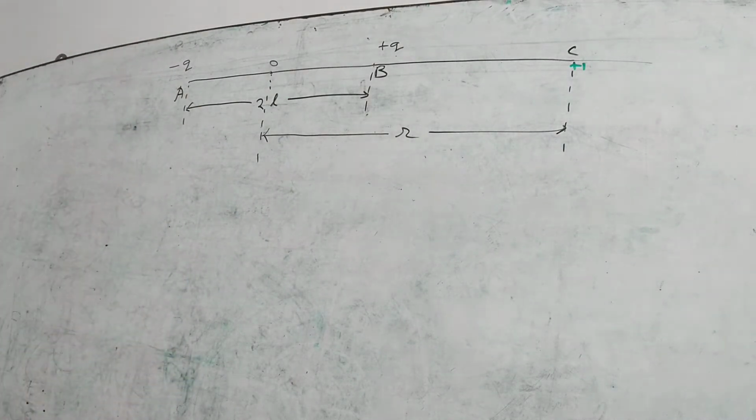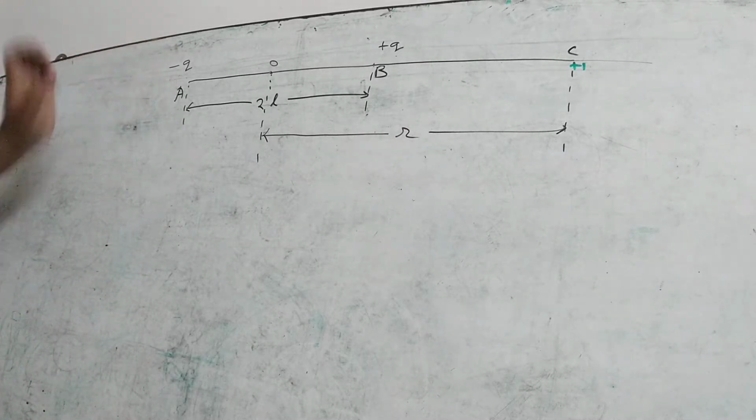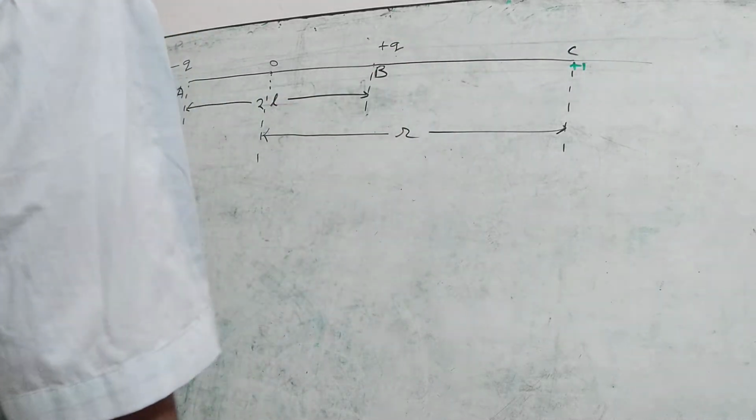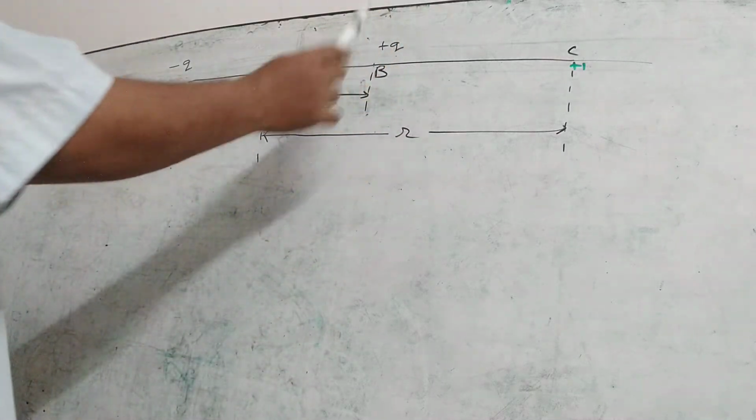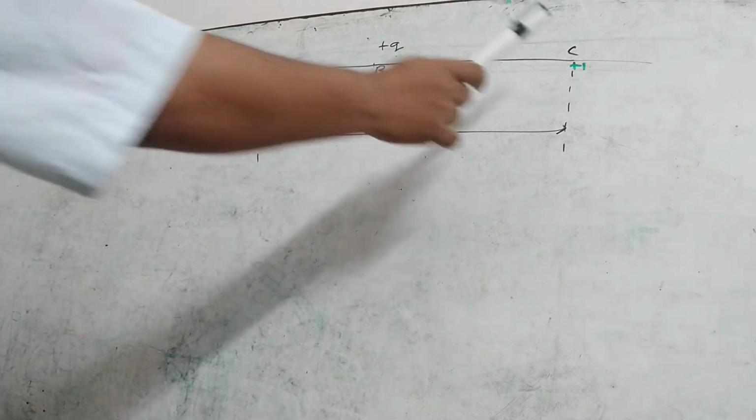Now, the minus Q charge attracts the plus 1 charge and the plus Q charge repels the plus 1 unit positive charge.